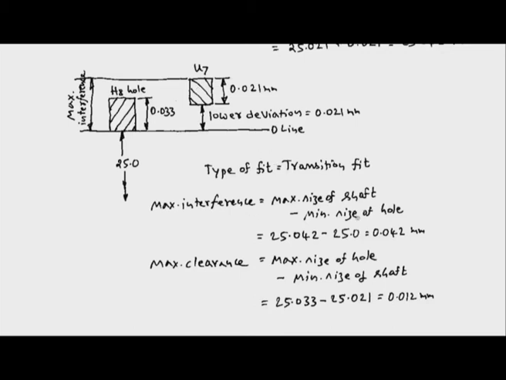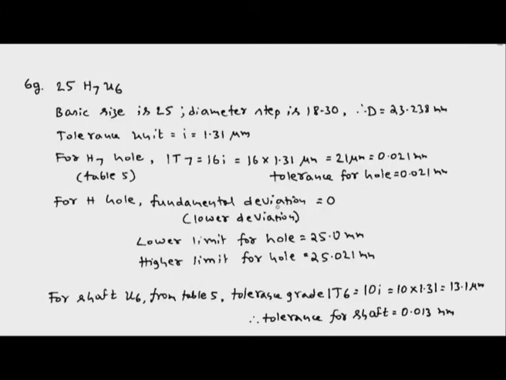So that is equal to 0.042 millimeter, and by subtracting the lower limit of the shaft from the maximum hole size, we get the maximum amount of clearance, that is equal to 0.012 millimeter. We will move to the next problem, 25 H7 U6.